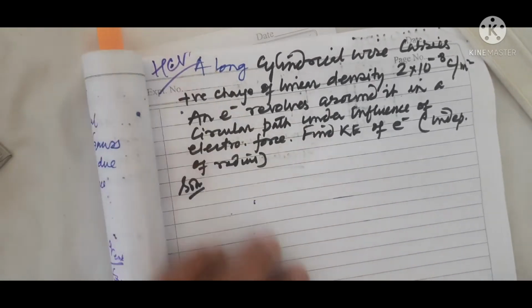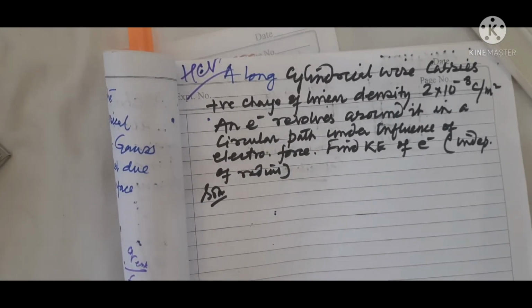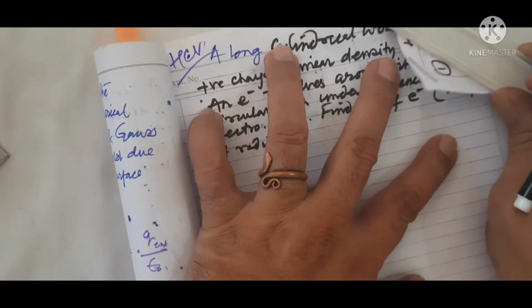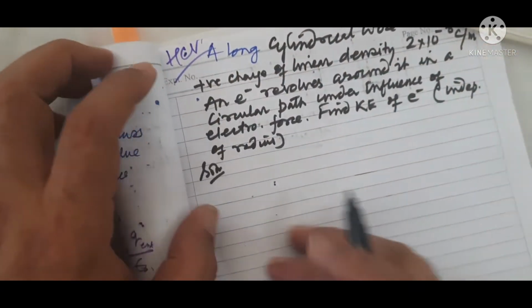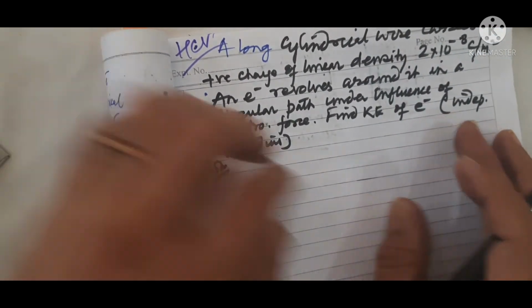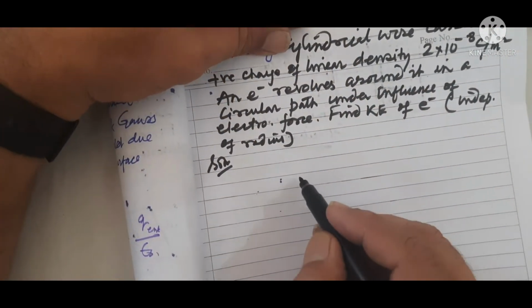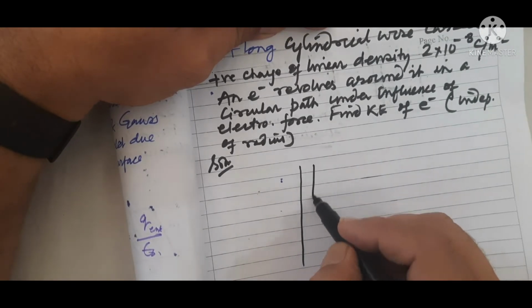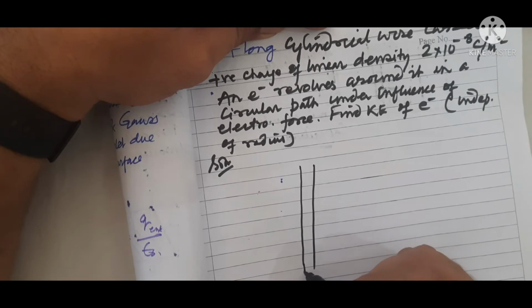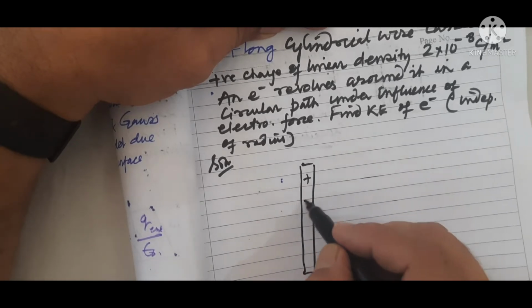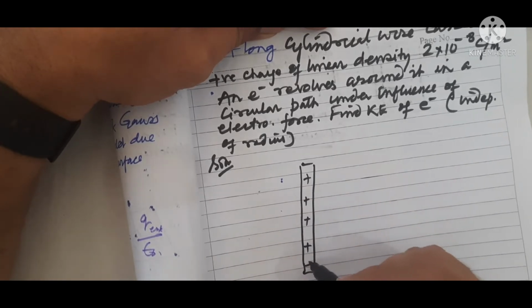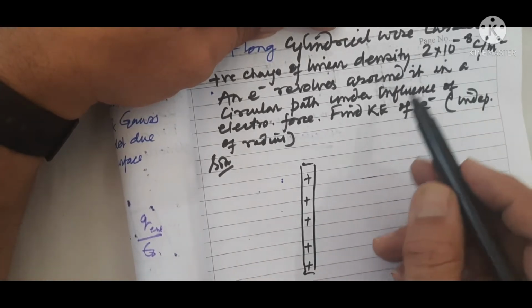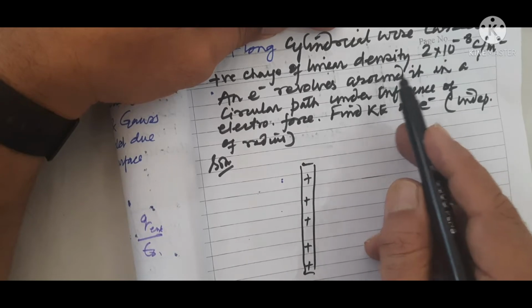So here we have to think about what the setup is. It is a long cylindrical rod, positively charged, having a linear charge density.